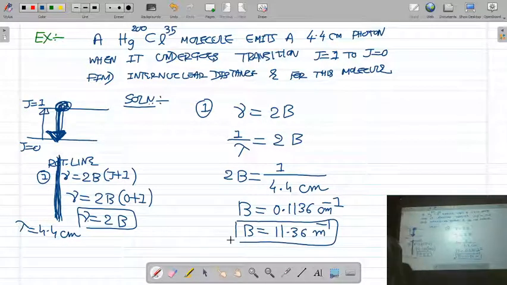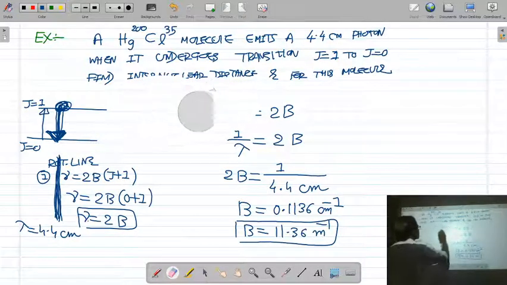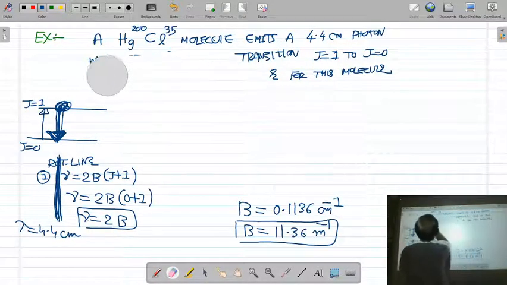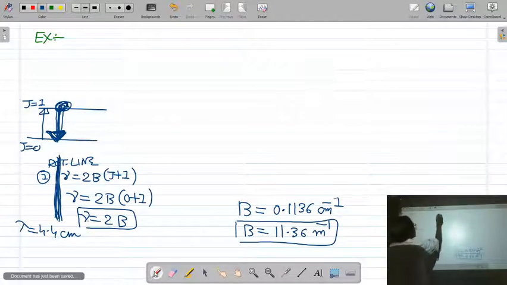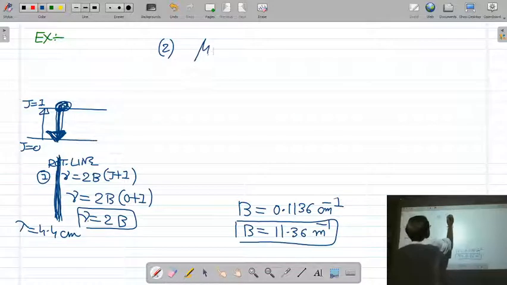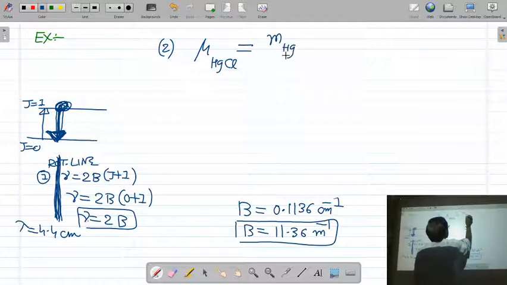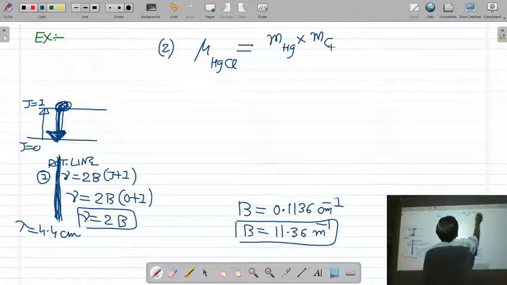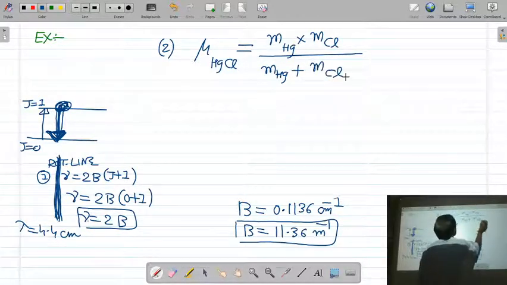Second calculation, the reduced mass mu. The reduced mass of the HgCl molecule is m_Hg into m_Cl upon m_Hg plus m_Cl.